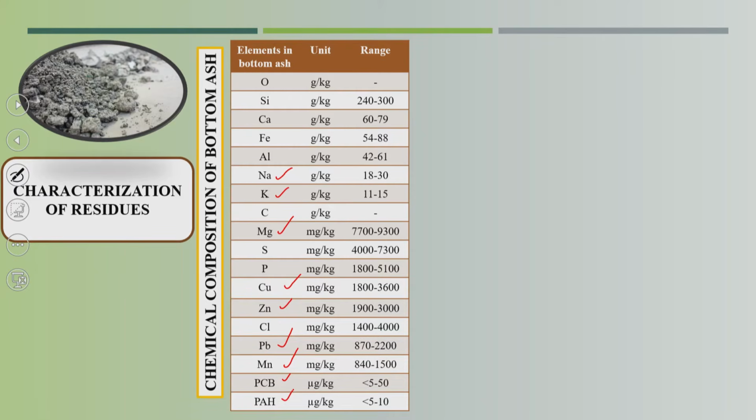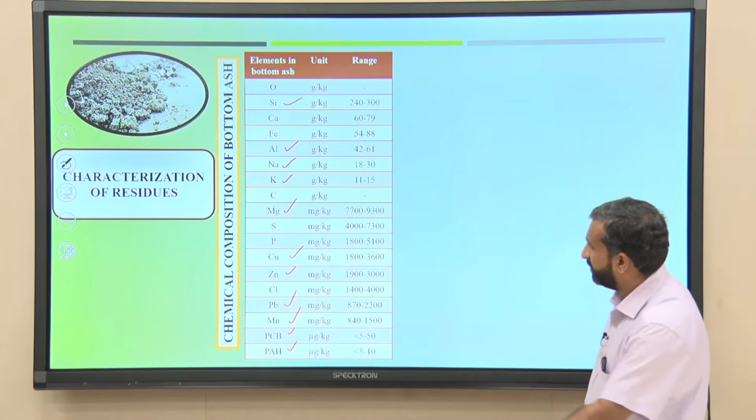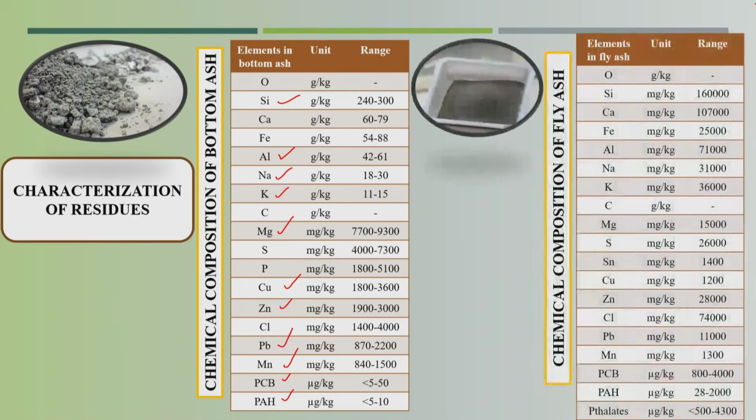You see aluminum is there, silica is there, so because of these, it could be useful as construction material also, but I think some kind of treatment is required before it is utilized.